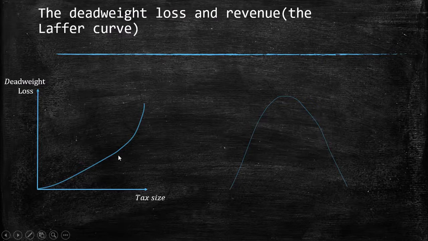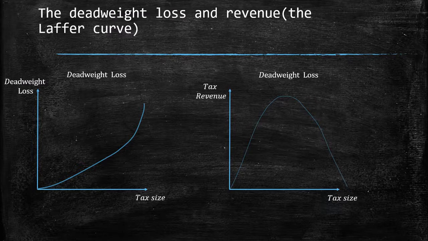And if you are into mathematics, you will see how the first derivative is going to be positive, and the second one is going to be positive as well. So this is kind of a convex shape. So we see how when there is an increase in the tax size, there is a higher increase in the deadweight loss.